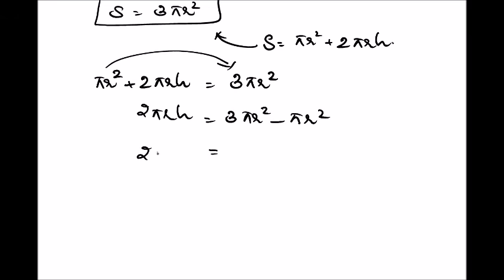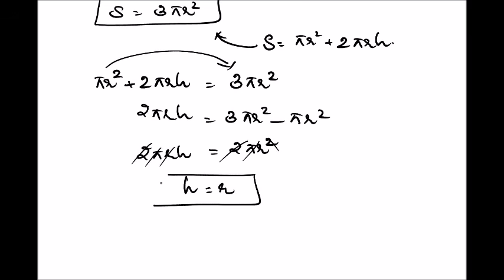That's equal to 2 pi r h is equal to 2 pi r square. Here 2 cancel, pi cancel, one r is cancelled. That is h is equal to r. This is the relation between h and r to maximize the volume. For maximum volume, the height of the tumbler must be equal to its radius. That is h is equal to r.